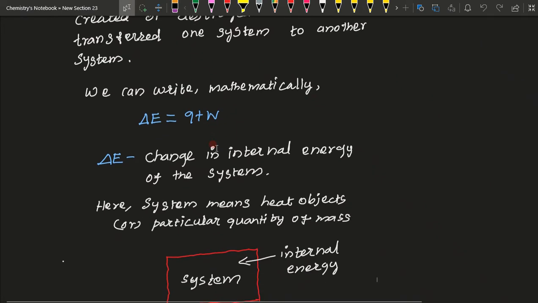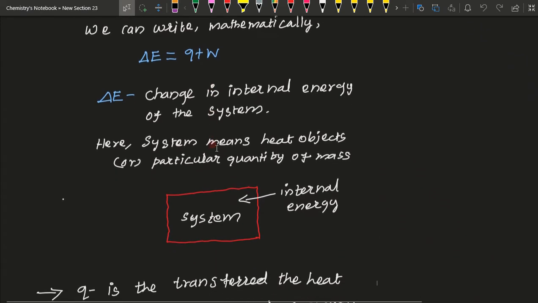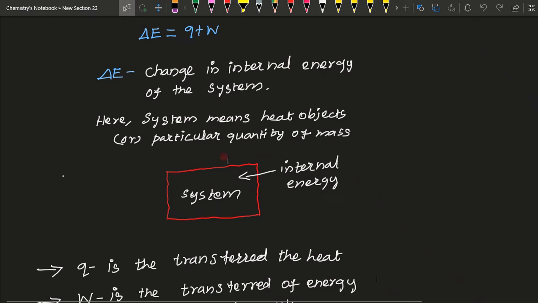Here system means heat, object or particular quantity of mass. See, this is the system. The internal energy is inside the system, in the whole system.